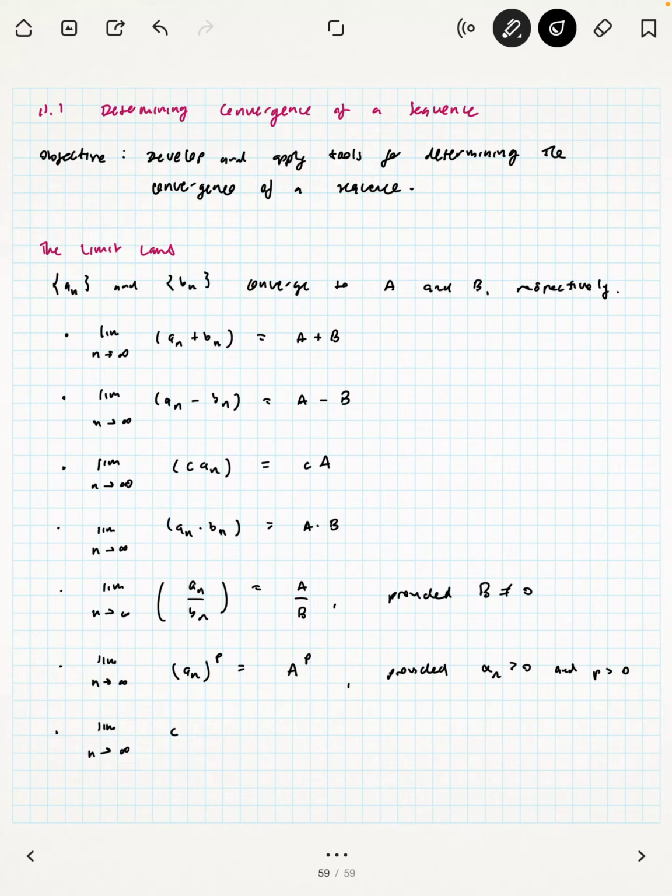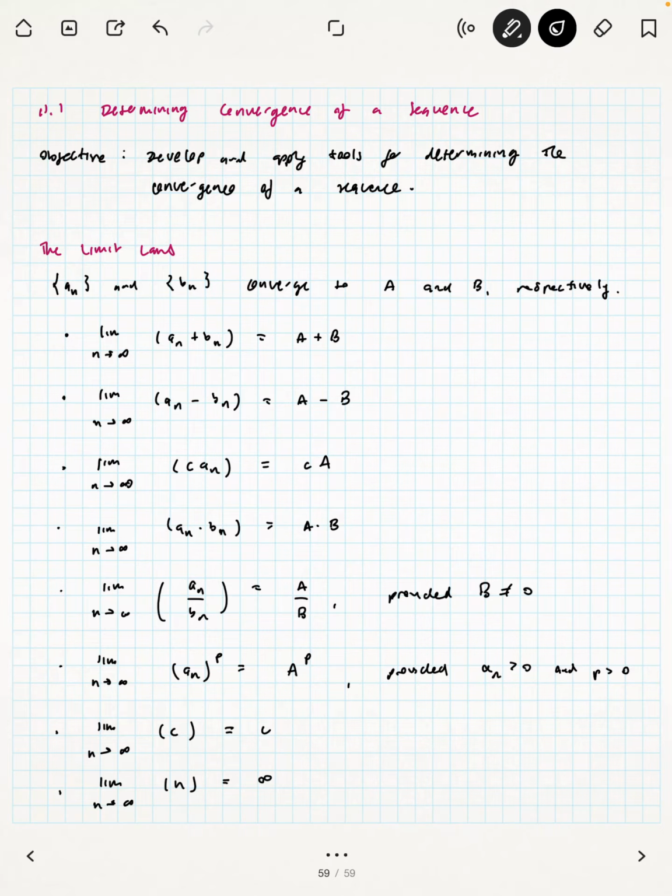And the very last thing that I want to cover here is the limit as n approaches infinity of the constant sequence C is C, and the limit as n approaches infinity of the sequence n is infinite. It doesn't converge, right?